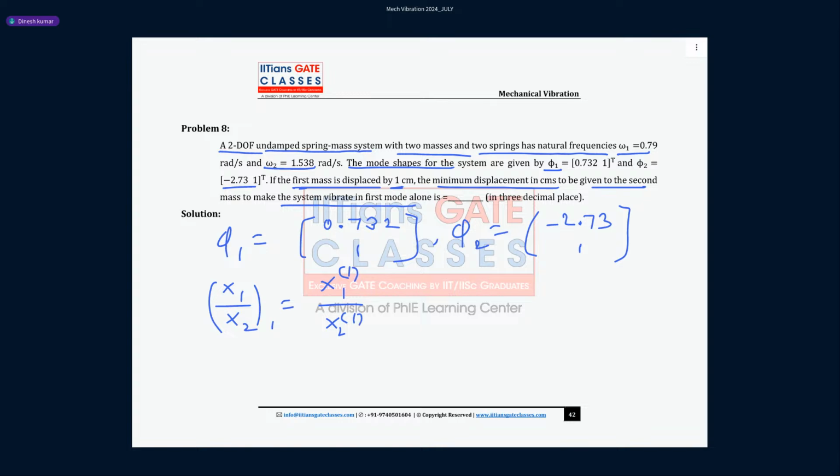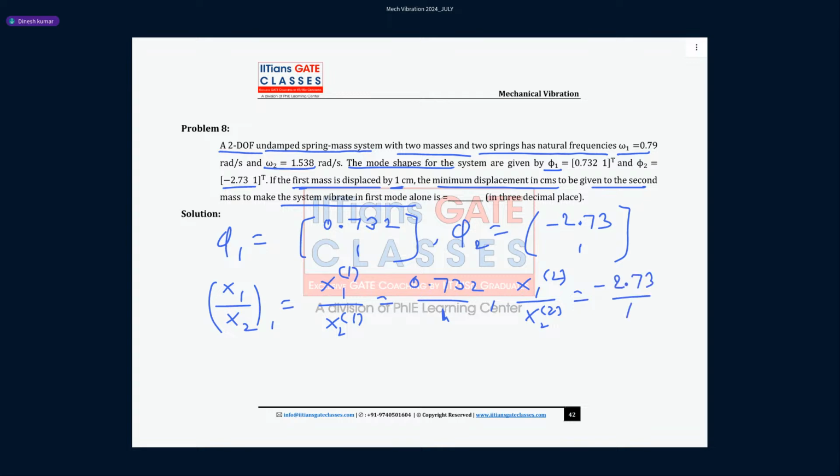Now guys, this system vibrates only in second mode. So first we write 0.732 by 1. Same way, x1 for second mode by x2 for second mode is equal to minus 2.73 by 1.